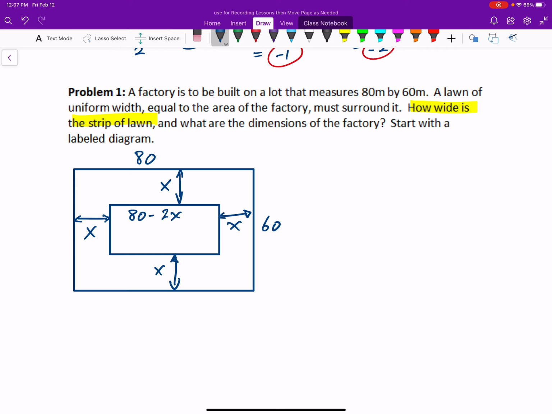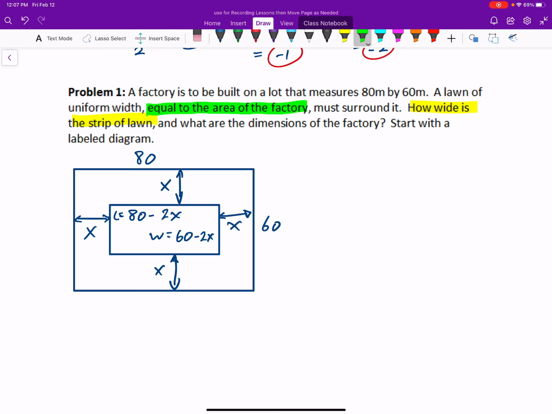Likewise, the short side of the factory would be 60 minus 2x, because we take the 60 here and subtract these two x's here to get 60 minus 2x. So there's the length and width of the factory. We also know that the area of the lawn has to be equal to the area of the factory.